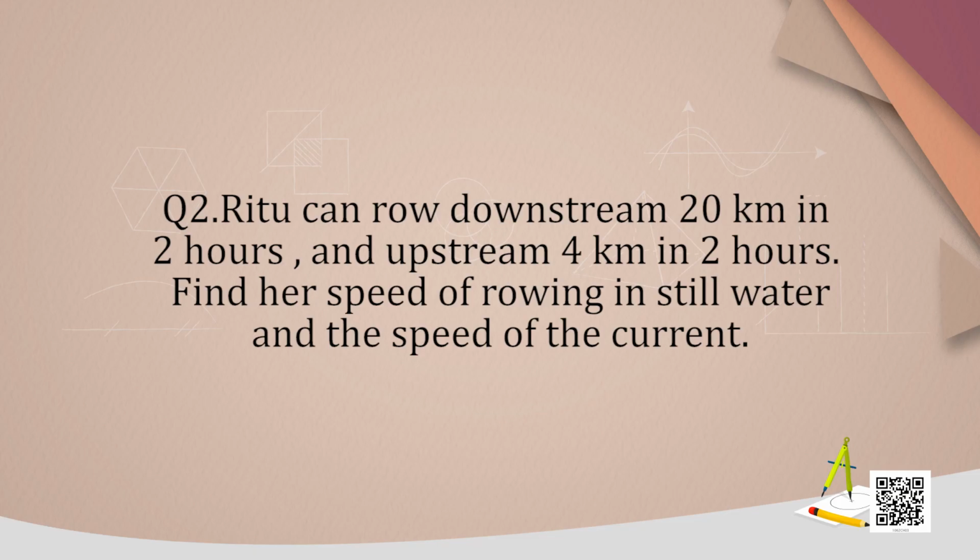The question is 1 upon 3x plus y plus 1 upon 3x minus y is equal to 3 upon 4, and the next equation is 1 upon 2 into 3x plus y minus 1 upon 2 into 3x minus y is equal to minus 1 upon 8.